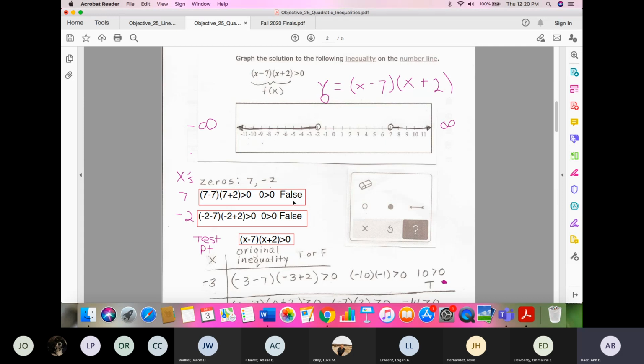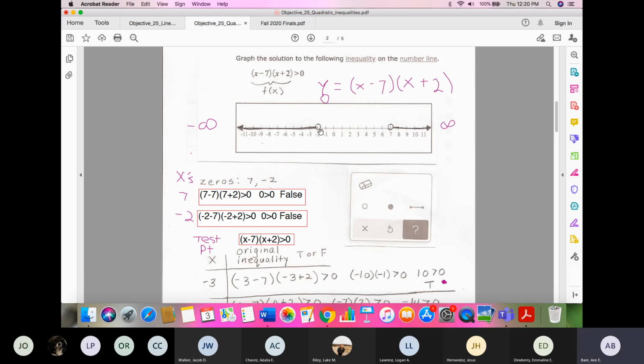So because it's false, we want to plot it as an open circle, this open circle here. And really circles are all open. They're just the boundary. So we want to plot at 7, right here, an open circle because we got a false statement when we plugged our 0 back into the original inequality.